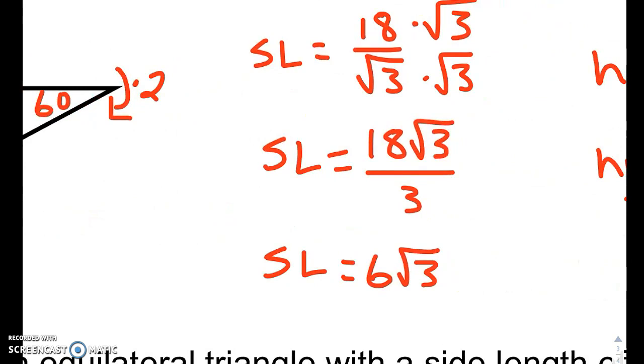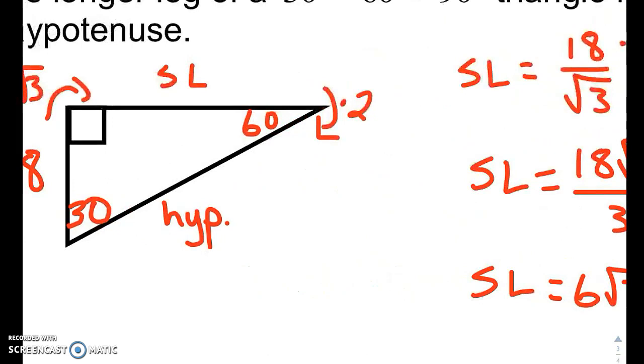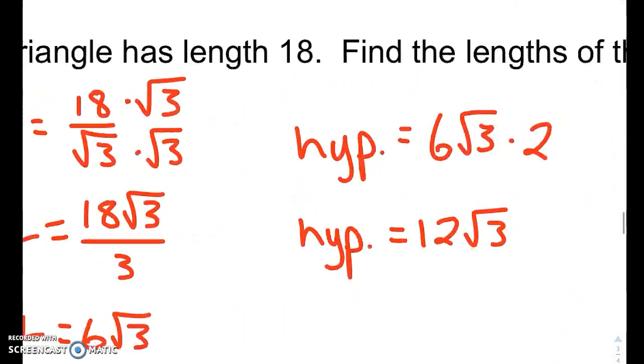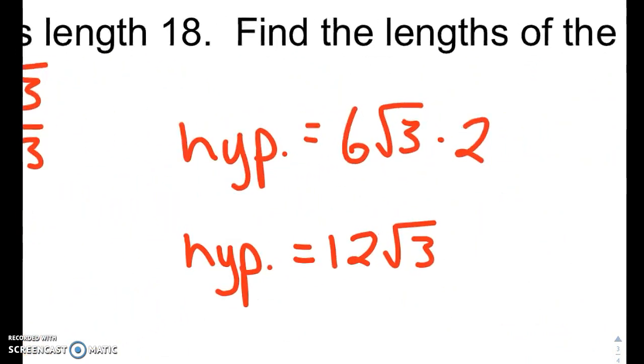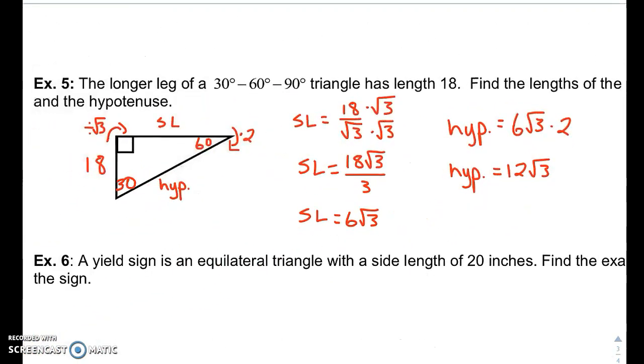So I divided and had to rationalize and reduced it to 6 radical 3. And then once I got that, in order to go from the short leg to the hypotenuse, I multiplied by 2. So over here shows my work for short leg times 2 is 12 radical 3. So hopefully you got that correct.